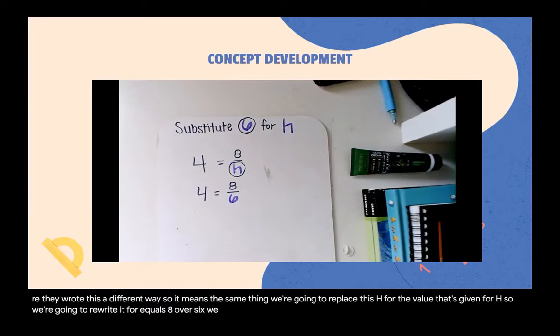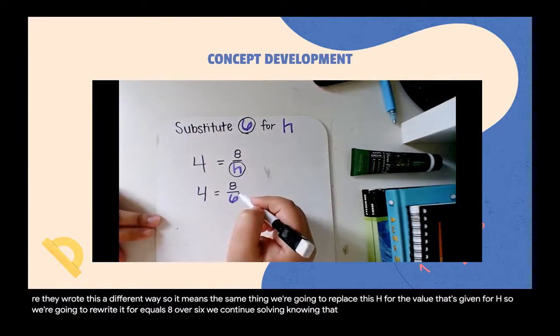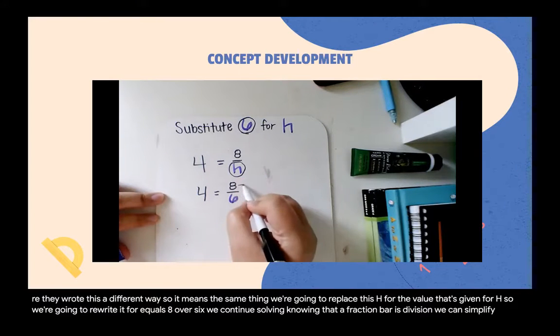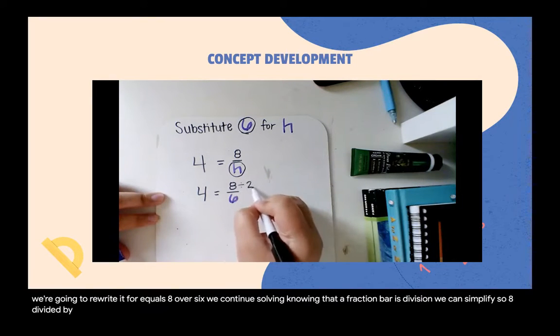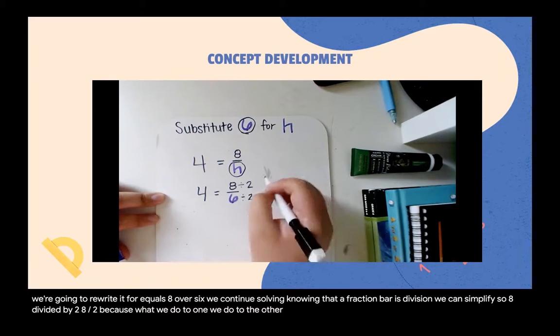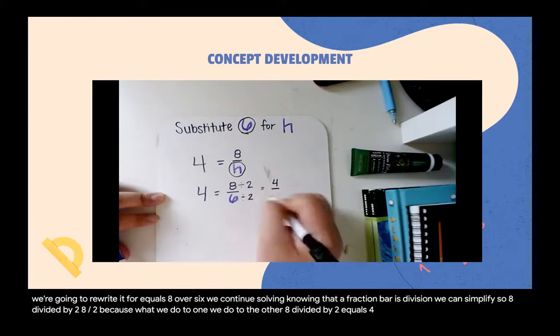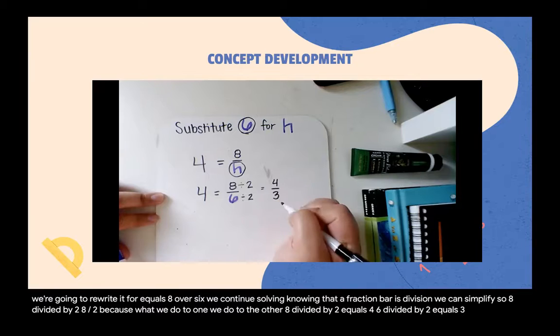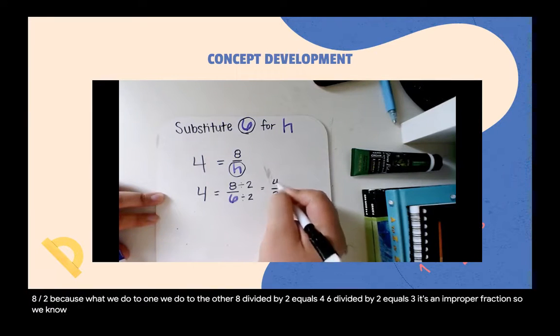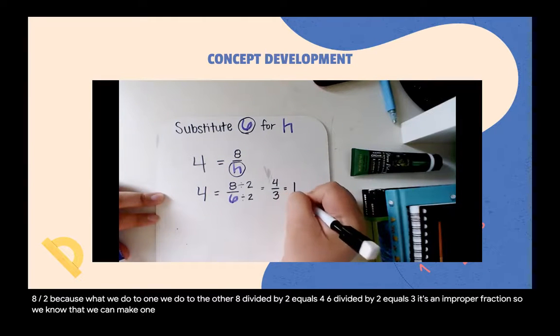We continue solving, knowing that a fraction bar is division. We can simplify. So 8 divided by 2, 8 divided by 2, because what we do to one, we do to the other. 8 divided by 2 equals 4. 6 divided by 2 equals 3. It's an improper fraction, so we know that we can make one whole group and have 1/3 left over.